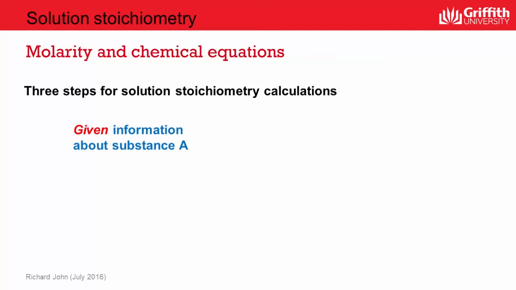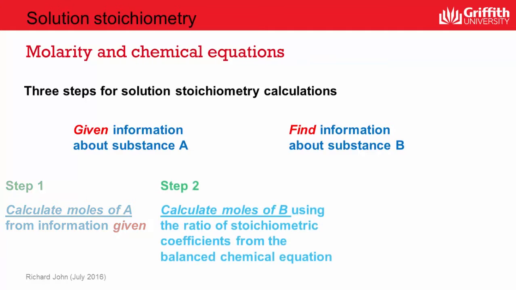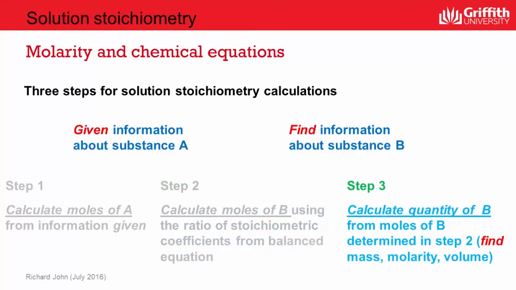We're normally given information about one substance, substance A, and we're asked to find information about another substance B. Step 1 is to calculate the moles of A from the information given about substance A. Step 2 is to calculate the moles of substance B using the ratio of the stoichiometric coefficients from the balanced chemical equation. And then step 3, we calculate the quantity of B, whether it's mass, molarity or volume, based on the moles of B that we determined in step 2.